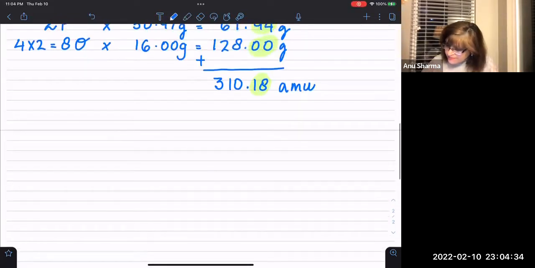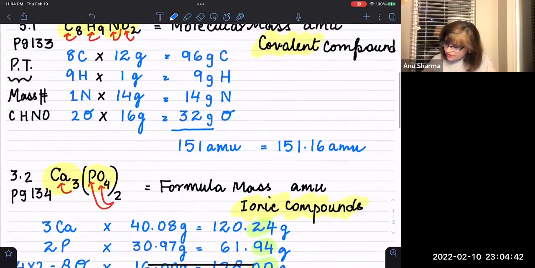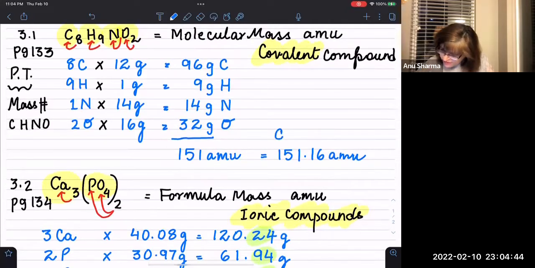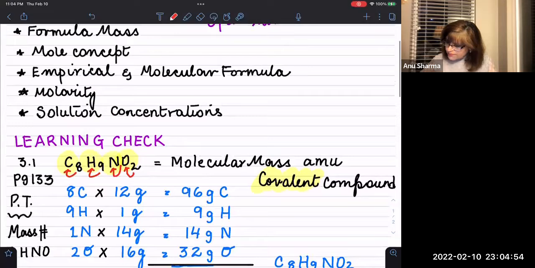Another thing, anytime you write down an answer, always write down in what context. So calcium phosphate, and this other one was C8H9NO2.